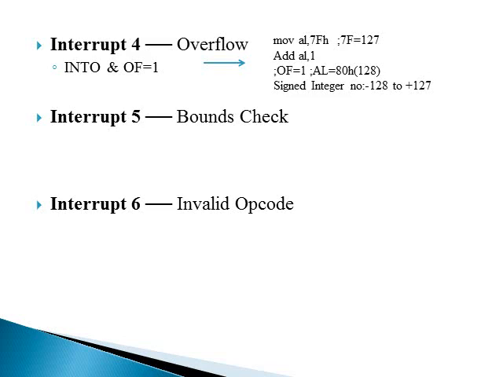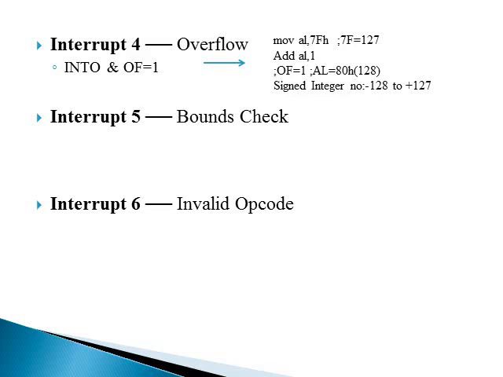As we all know, a signed integer has the range minus 128 to plus 127. So as the result is 128, it results in overflow, and because of that the overflow flag is set and an overflow exception will be reported by the processor.